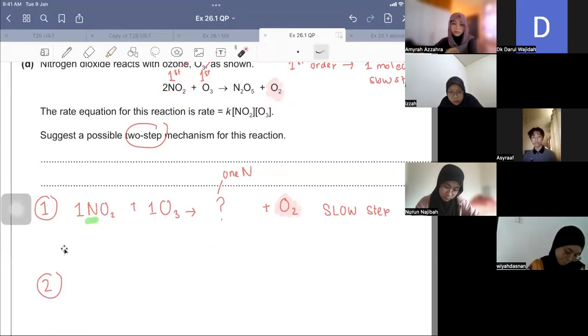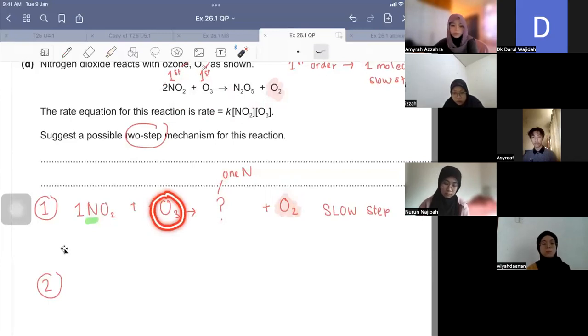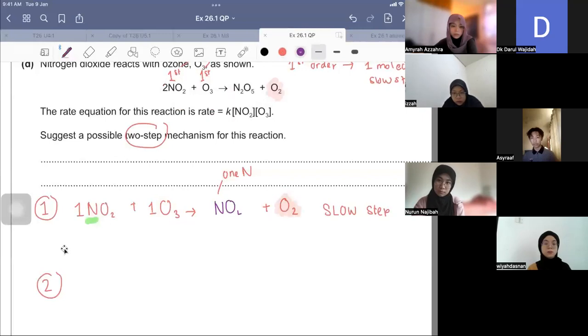Now, this other product would have to be my intermediate. Okay, my intermediate. So if you look at the reactant and each step of the mechanism has to be balanced. So you see here this O2, it may have come from the O3. Okay, to make my equation balance, that means my intermediate would be NO3. Do you agree? And you may ask me, what is NO3?